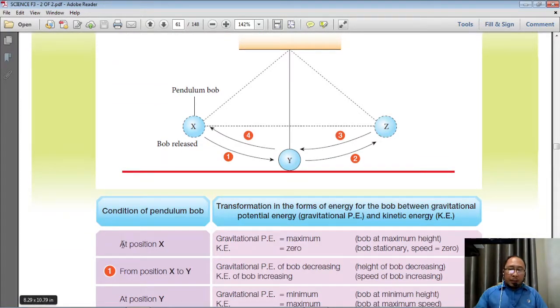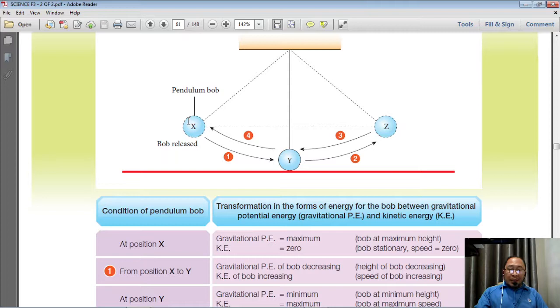We look at the first condition here, the pendulum bob at position X. Exactly before we do anything, the ball will be static here, and then by using our force, we put the pendulum bob at position X. When the pendulum bob is at this position X, the type of energy possessed by this pendulum is gravitational potential energy.